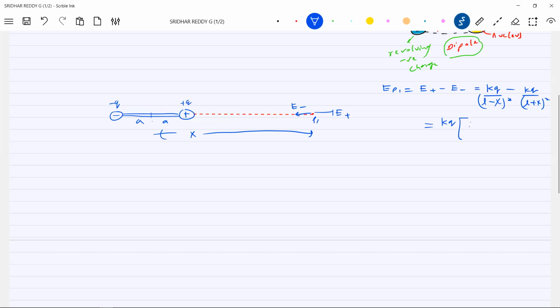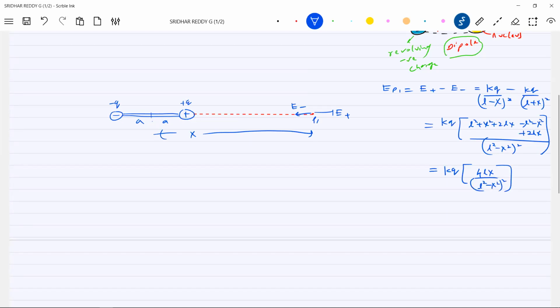Let me go for one step: 2Lx minus L square minus X square minus 2Lx, all divided by L square minus X square whole square. The next part, KQ, this will become 4Lx.